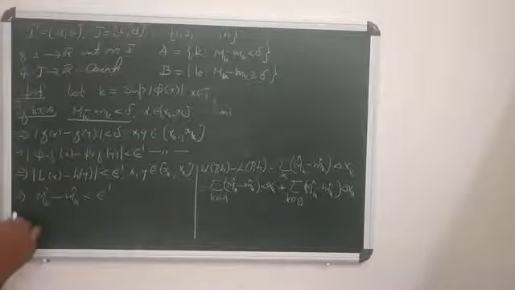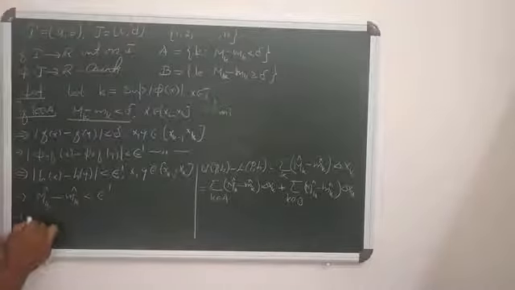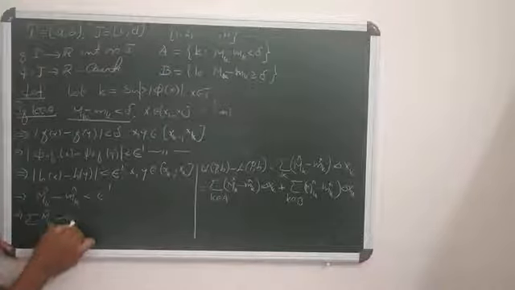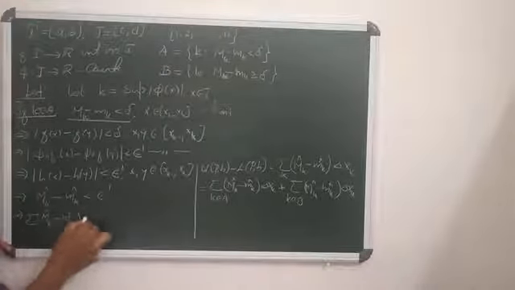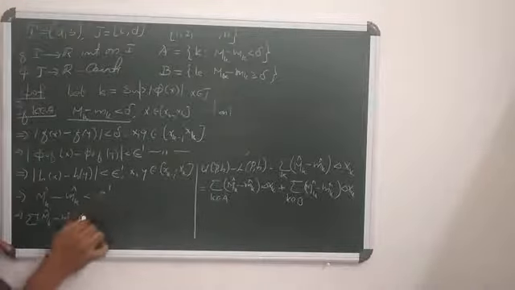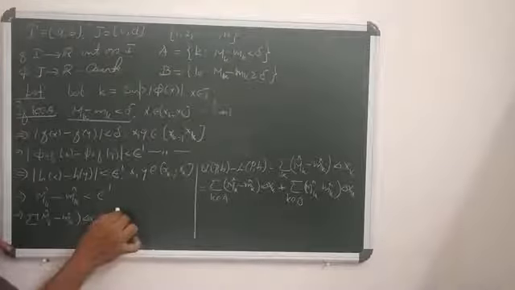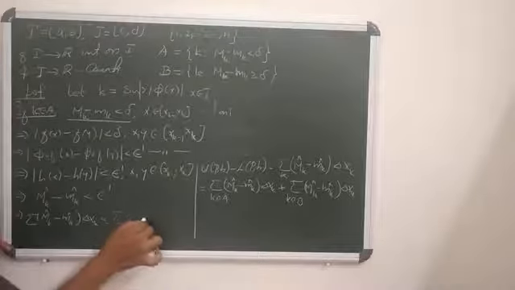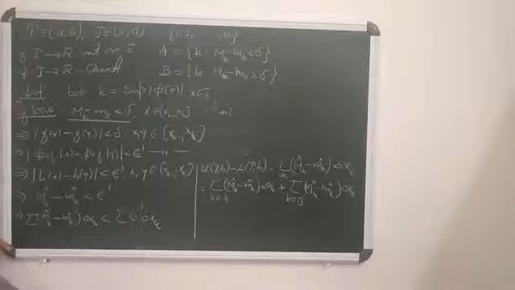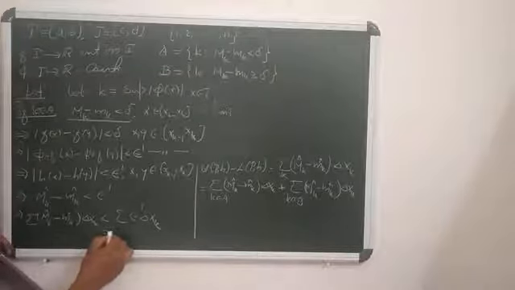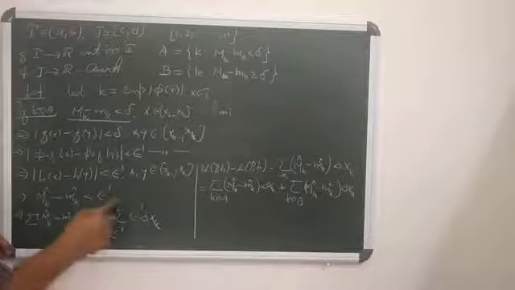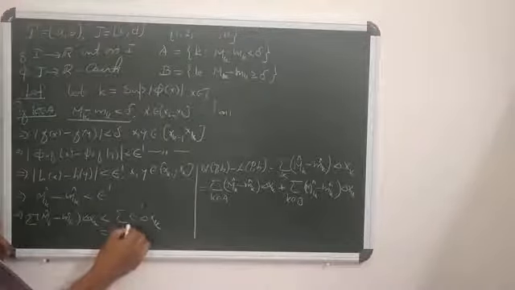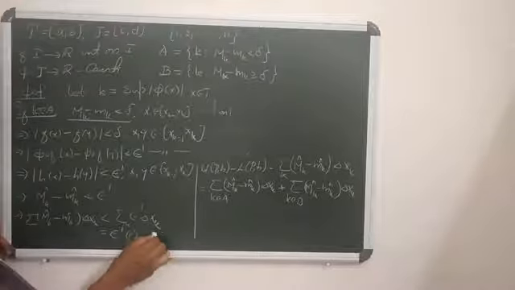So that means taking sigma on both sides, sigma of (M_k cap minus m_k cap) into delta x_k is strictly less than sigma of epsilon dash into delta x_k. Agreed? So what is that? It equals epsilon dash into sigma delta x_k. What is sigma over k of delta x_k? It is b minus a.